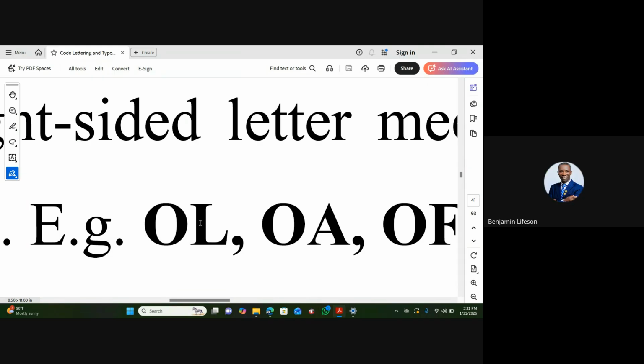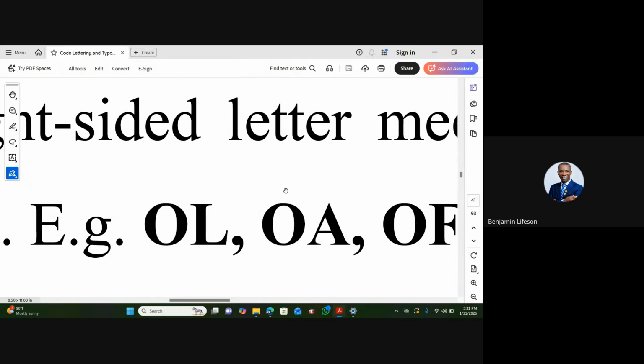Now when you look at it, the stem is straight and the loop is bent. If you do not bring it closer and you go by the same distance as the two straight-sided letters, instead of OL it will be O-L.